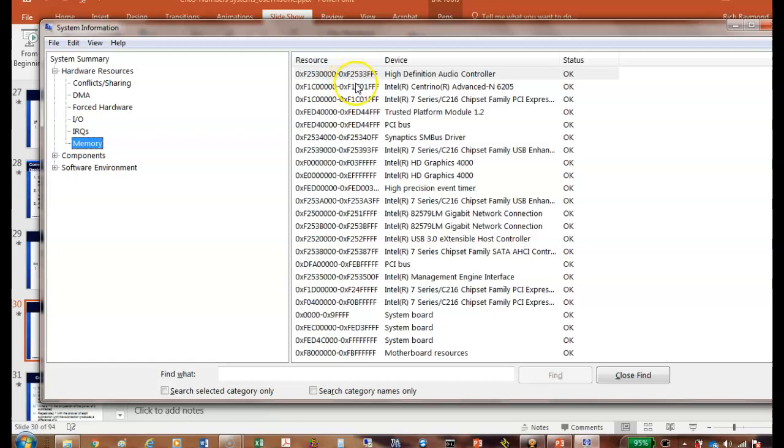That's 1, 2, 3, 4, 5, 6, 7, 8, right? Think about me writing that binary number out. So what the application is doing is it's displaying it in hexadecimal, right? So what is it? F2533FFF.